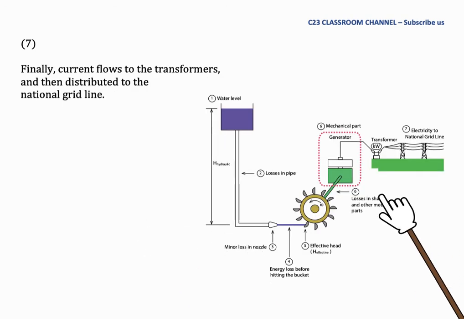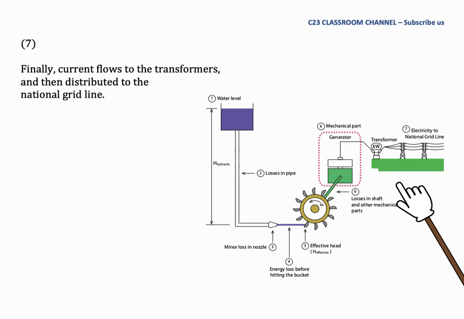Finally, current flows to the transformers and is then distributed to the national grid line. So this is the basic idea of the Pelton wheel in common application.